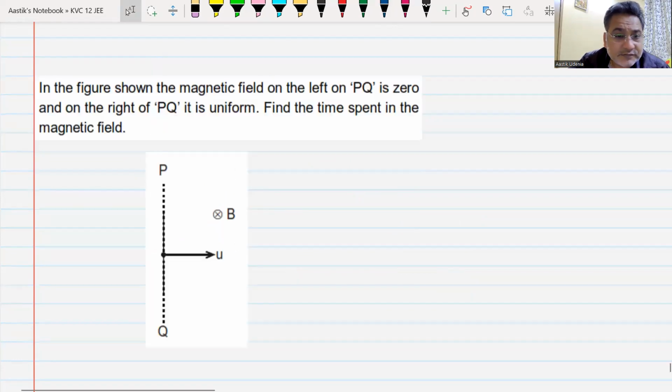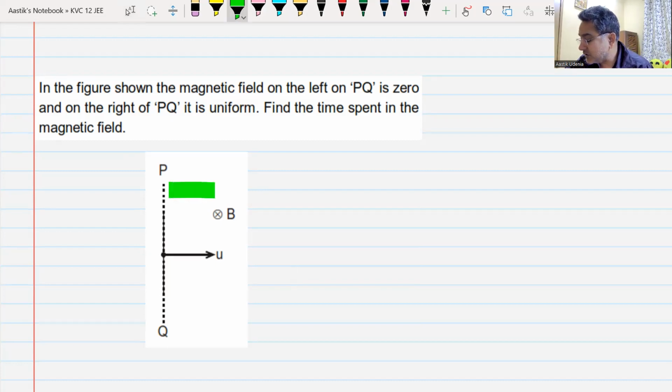This is the question. In the figure shown, the magnetic field on the left of the line PQ is 0. And on the right of the line, which means this green region, there is a uniform magnetic field B, which is going inside the plane of the paper.